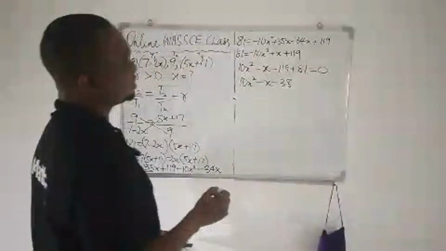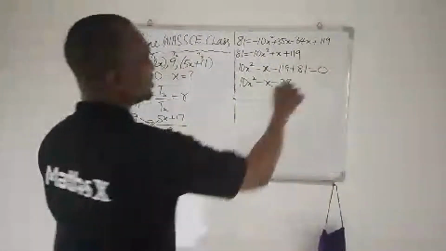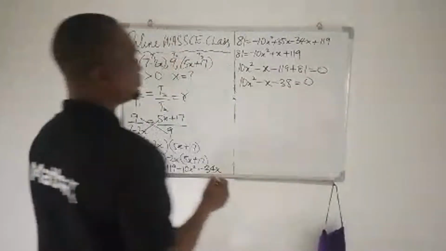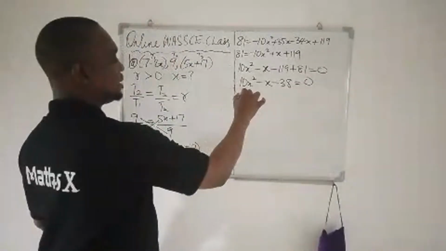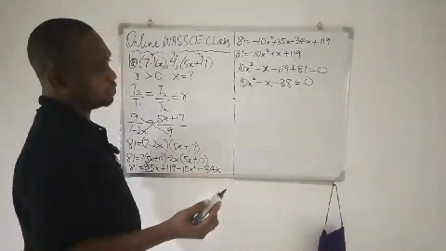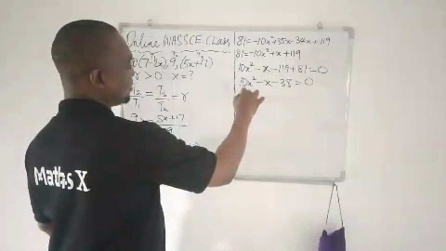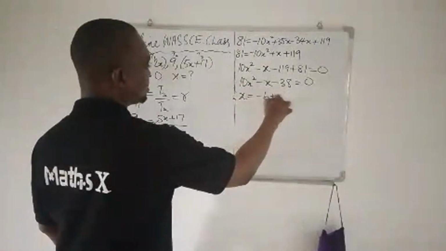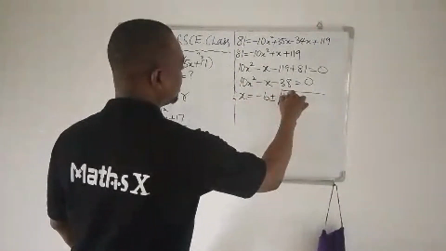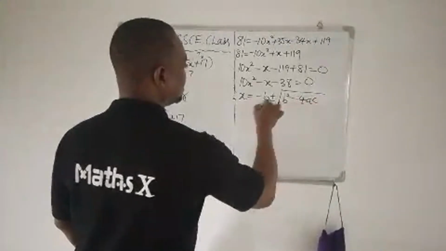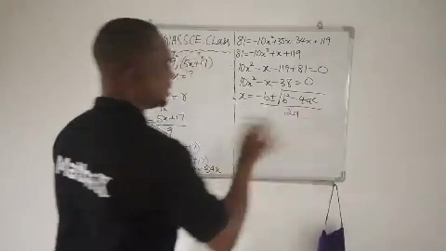This is equal to 0. So using this, I'll quickly go for formula method. What does formula method say? Formula method says that my x will be minus b plus minus square root of b squared minus 4ac all over 2a. I don't have time to waste.